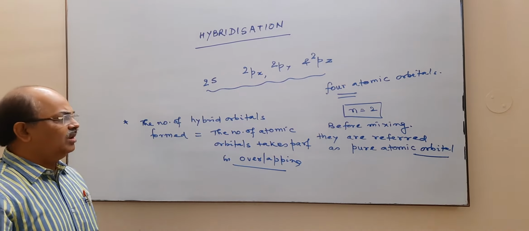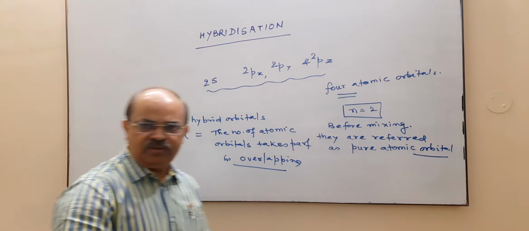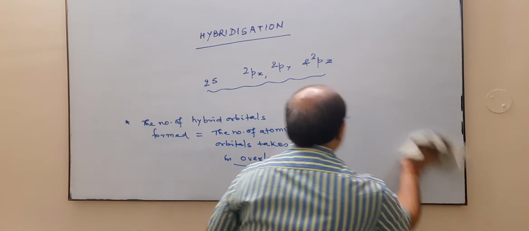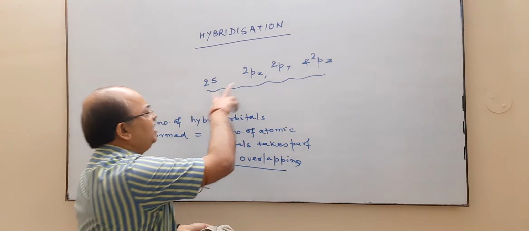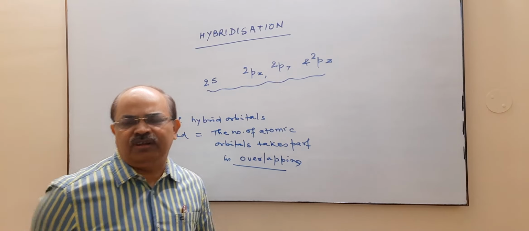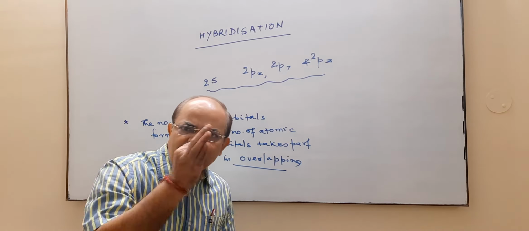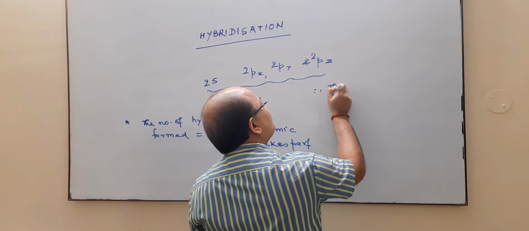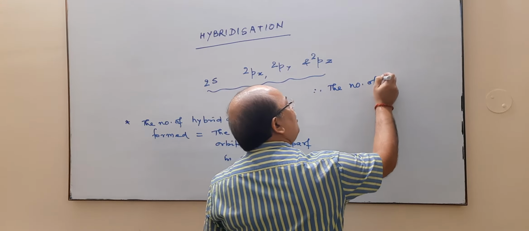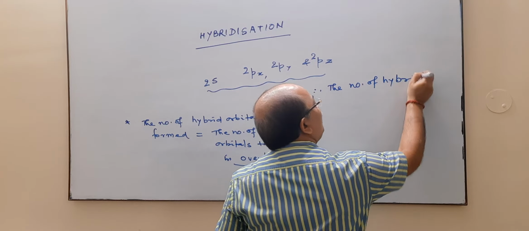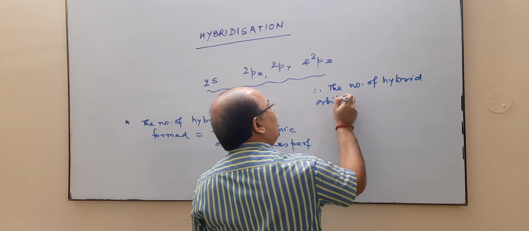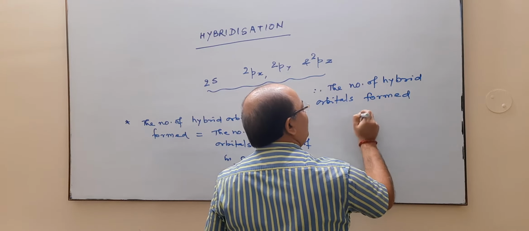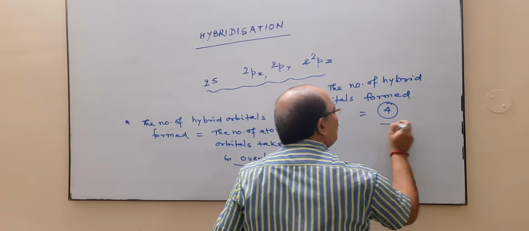For example, consider this case. Here we have 4 pure atomic orbitals which are taking part in hybridization. So therefore we can write the number of hybrid orbitals formed is also equal to 4.